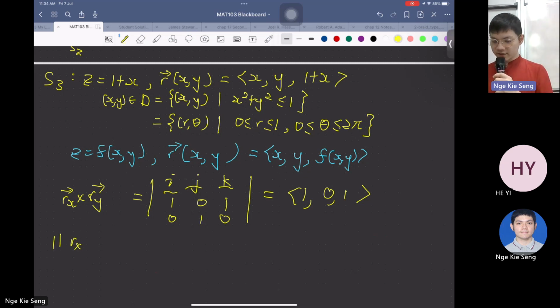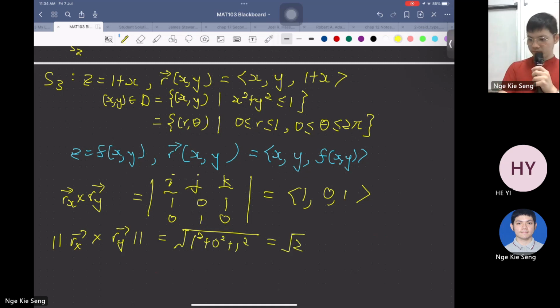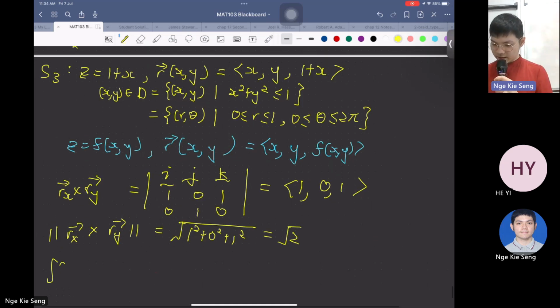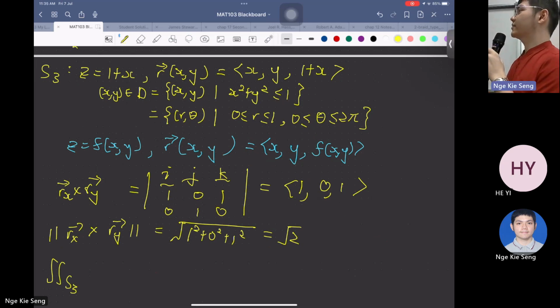Let's check the calculation. If you take the length, it is just the square root. Sorry, you mean there's a -1? Where should the -1 be? The first coordinate should be a -1.